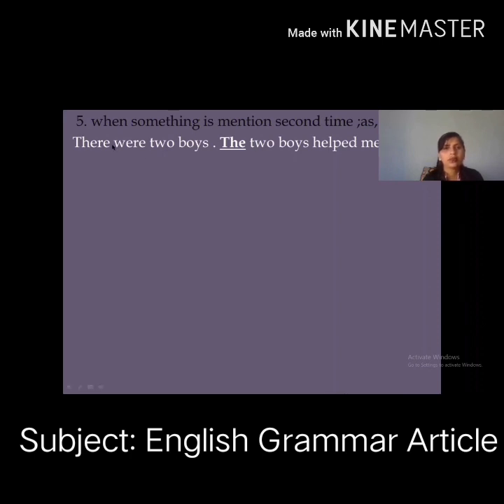Look at the example. There were two boys. The two boys helped me. The two boys is repeated the second time here. So, we have to write article the before the repeated noun. So, we say the two boys helped me.